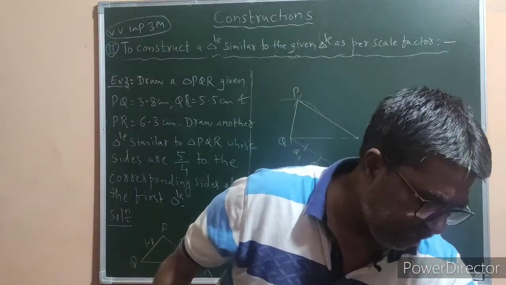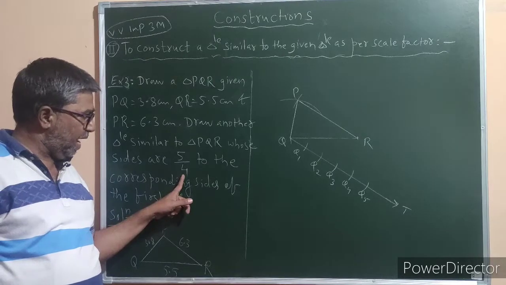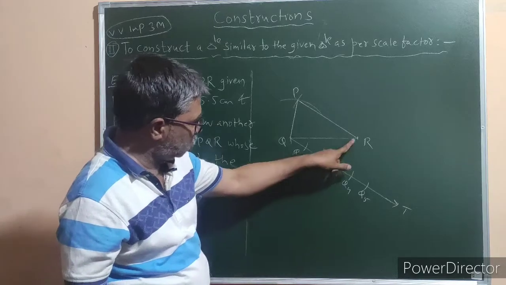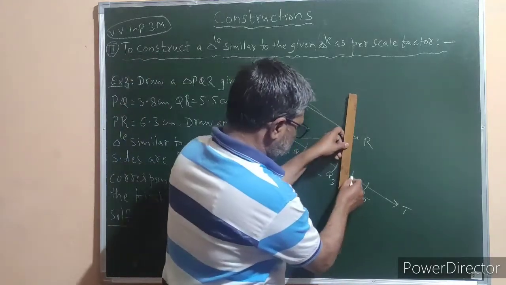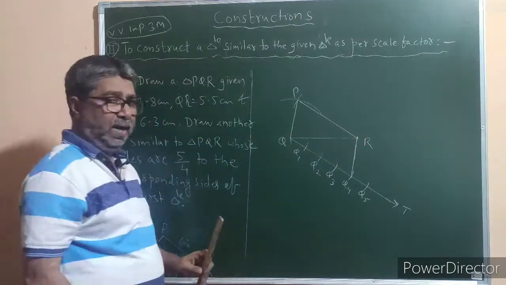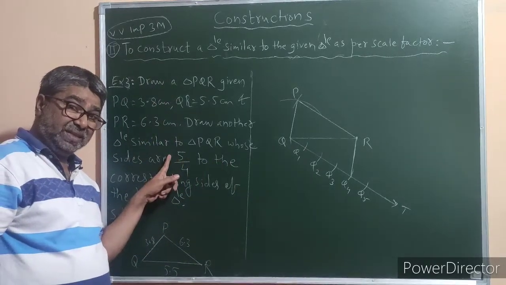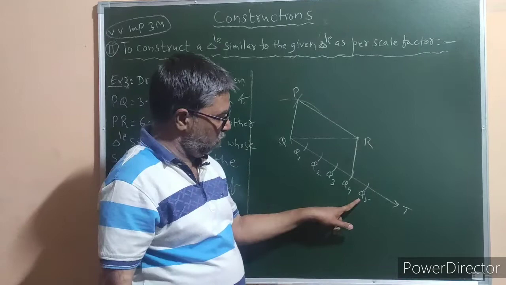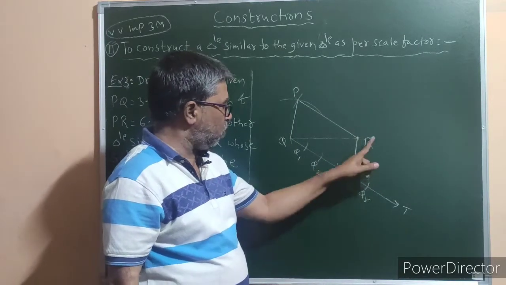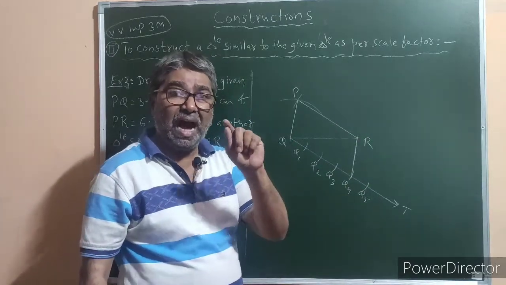Now see the denominator of the ratio. Denominator of the ratio is 4. It means that we have to join Q4 to R. Okay, so now from Q5, because the other term is 5, from Q5 we have to draw one line parallel to Q4R which should meet QR at a certain point, and that point is to be named as R dash.